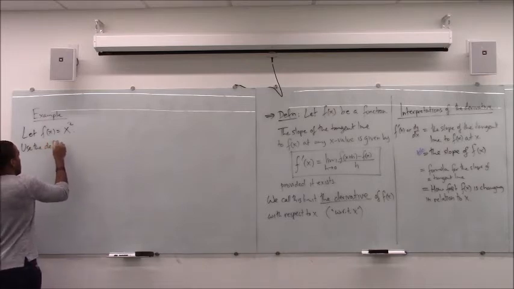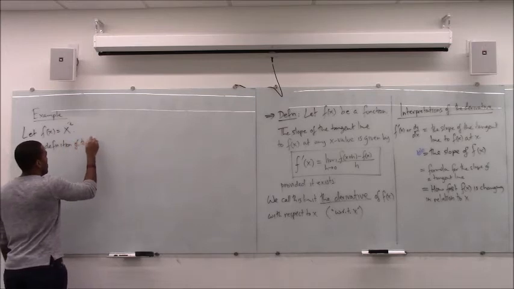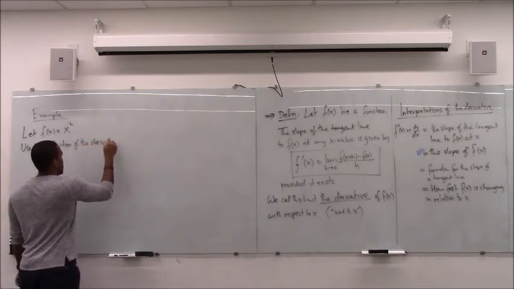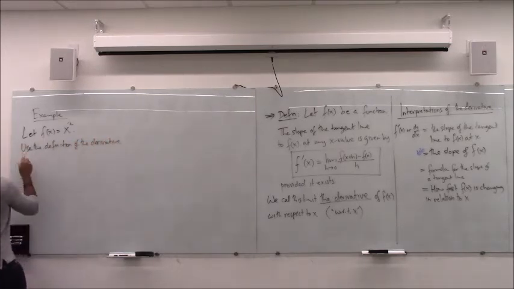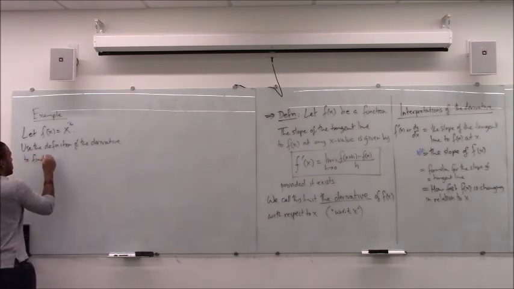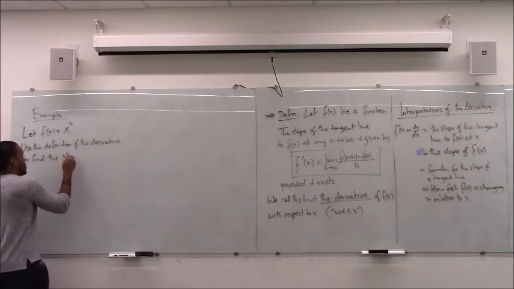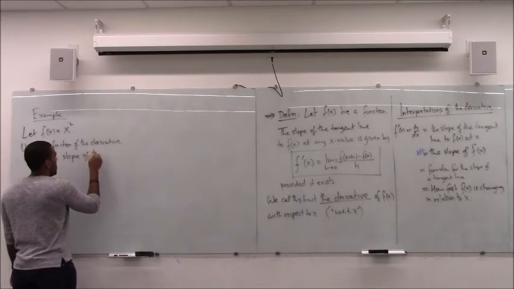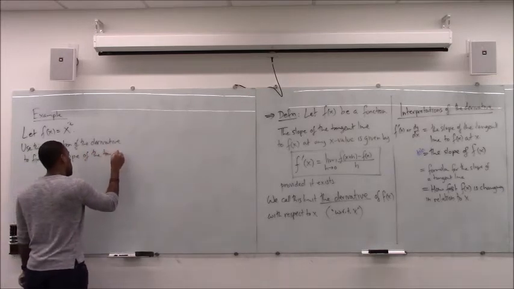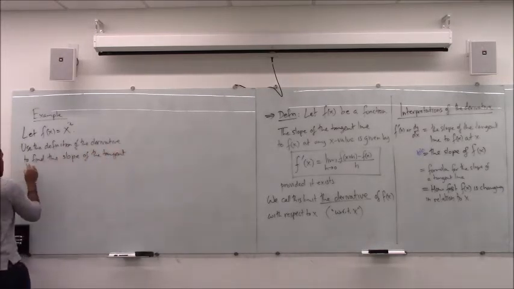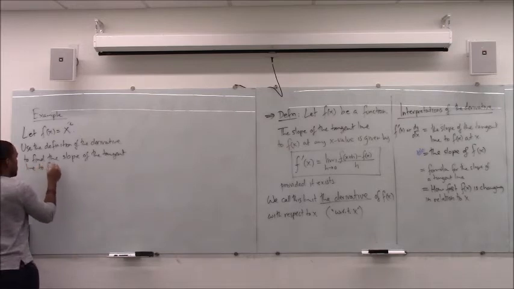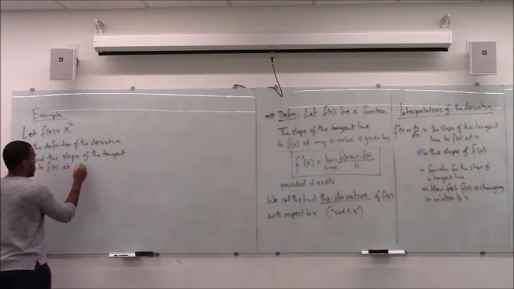Use the definition of the derivative to find the slope of the tangent line to f of x at, say, x equals 4.